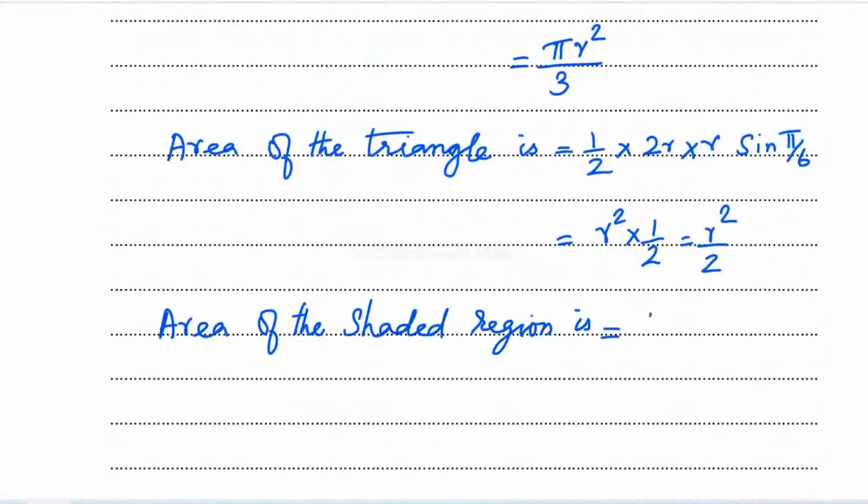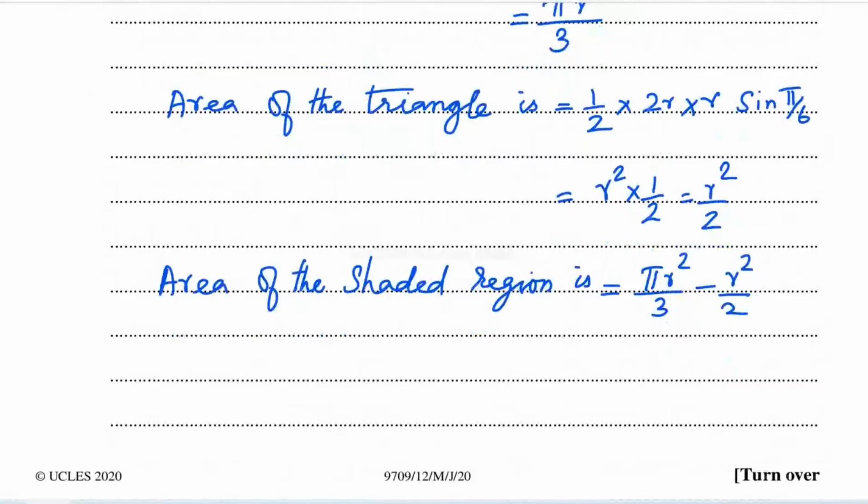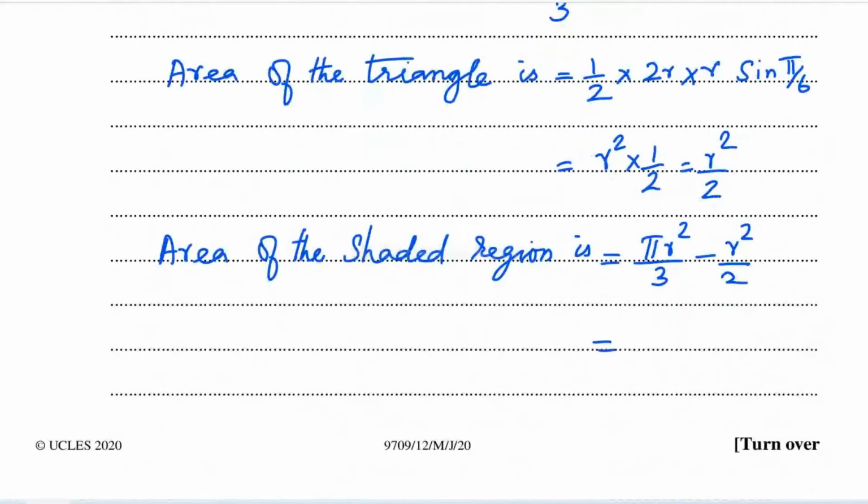So pi r square divided by 3 minus r square divided by 2. Take out r square commonly and divide by 6 also. So 2 pi minus 3.